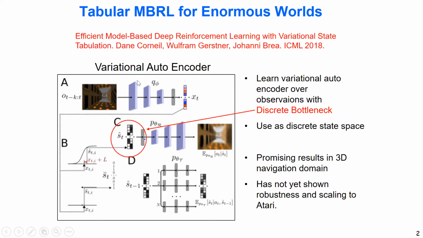It's too much to go into to talk about how they do this, but how they learn the representation is via this variational autoencoder. And the unique thing about this variational autoencoder, right? The biggest thing is it has an encoder, right? It takes an image and then it produces, in this case, a discrete encoding of the environment. So most autoencoders produce a continuous encoding.